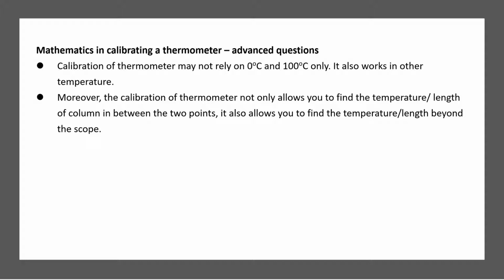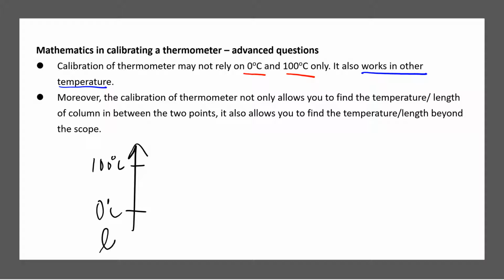Previously, for our calculation, we only focused on 0 degrees and 100 degrees only. As we mentioned, for calibration we use these 2 points. However, this idea also works at other temperatures. The previous way, with 0 degrees and 100 degrees, is level 1 only.